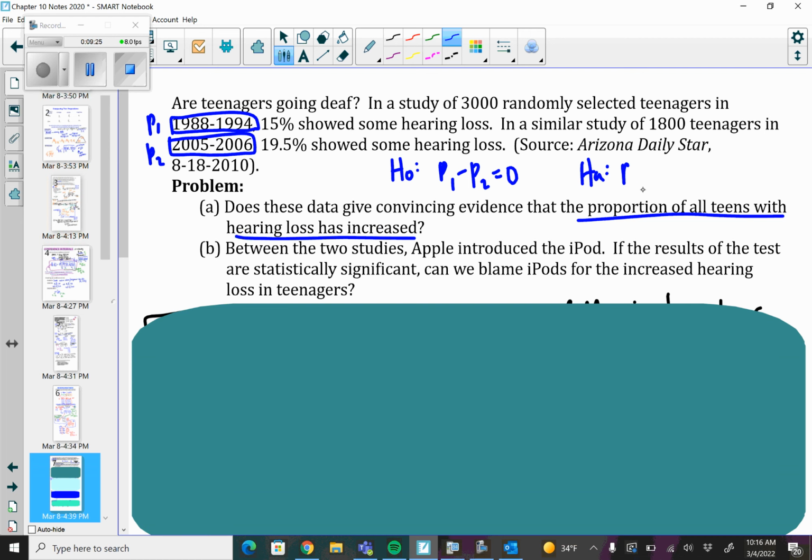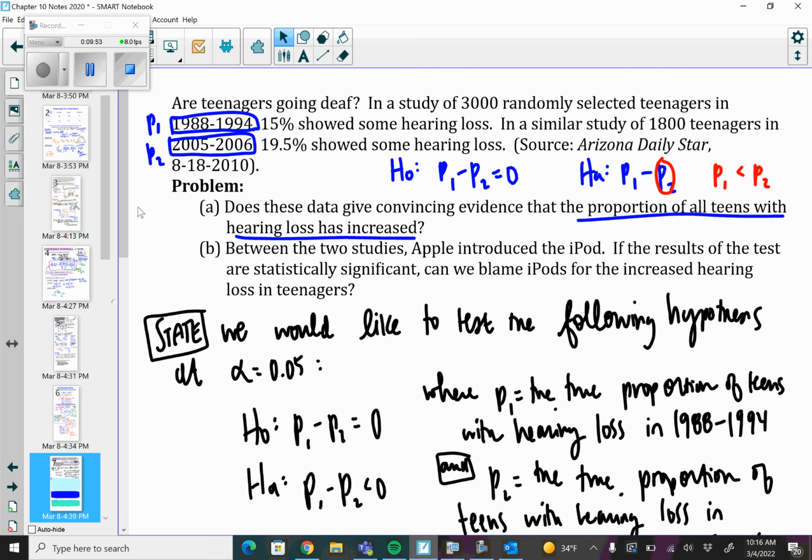That means if p1 minus p2 is what we are trying to find, and we want to see if the proportion has increased, that would mean p2 is greater than p1, or that their difference would be negative, right? If the 80s is less than the 2000s, then the 80s minus the 2000s is going to be a negative number. That means our state would look something like this.